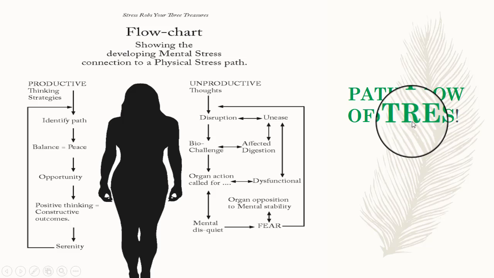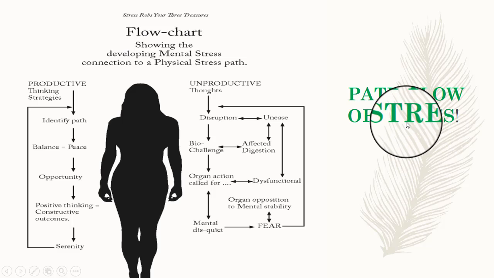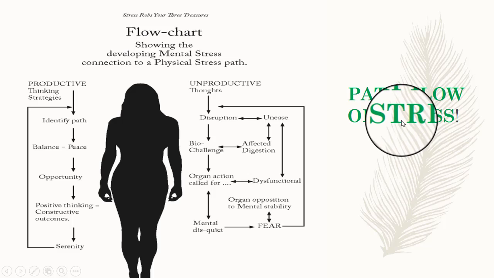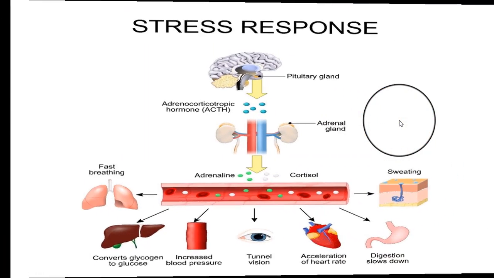It affects the human body, and hormones and various endocrine glands are responsible for this. So this is only a very short path flow of stress, and later on we will discuss it in an elaborate manner. So this is all about the path flow of stress.